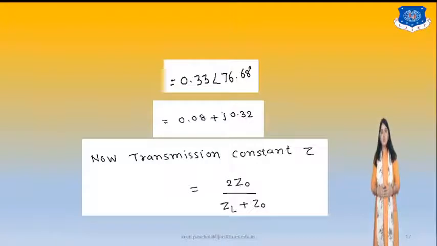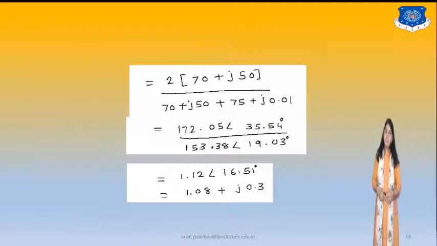Now the transmission coefficient, tau, is equal to 2Z0 upon ZL plus Z0.